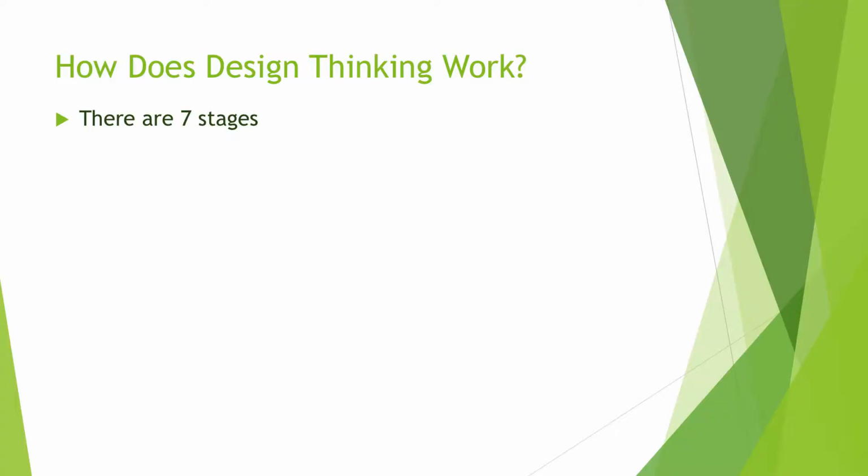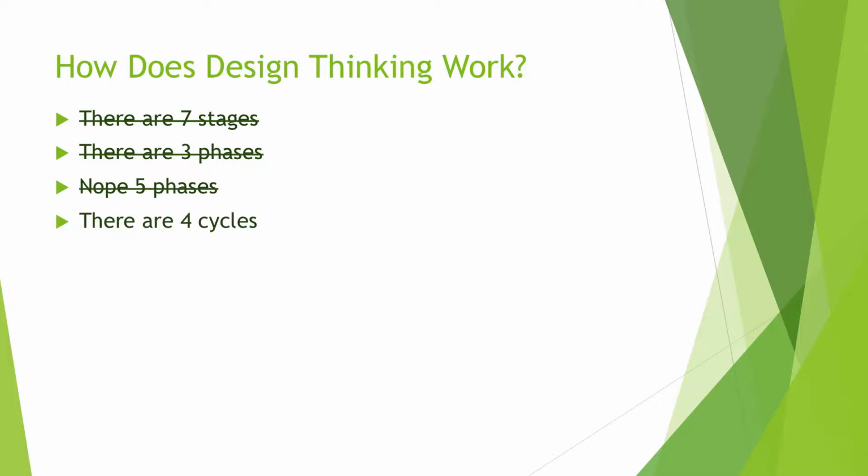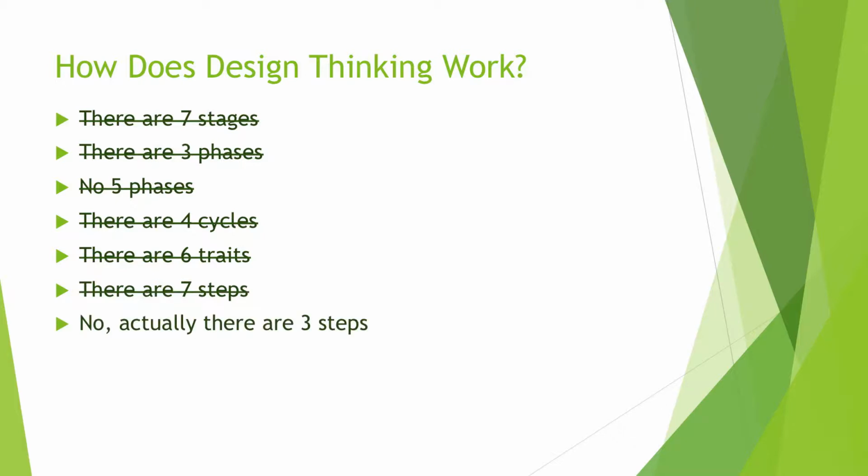There are 7 stages. Oh, whoops. No, there are 3 phases, actually. Actually, that's wrong, too. No, there's 5 phases. Actually, 4 cycles. 6 traits. Oh, no. 7 steps, and actually, 3 steps.